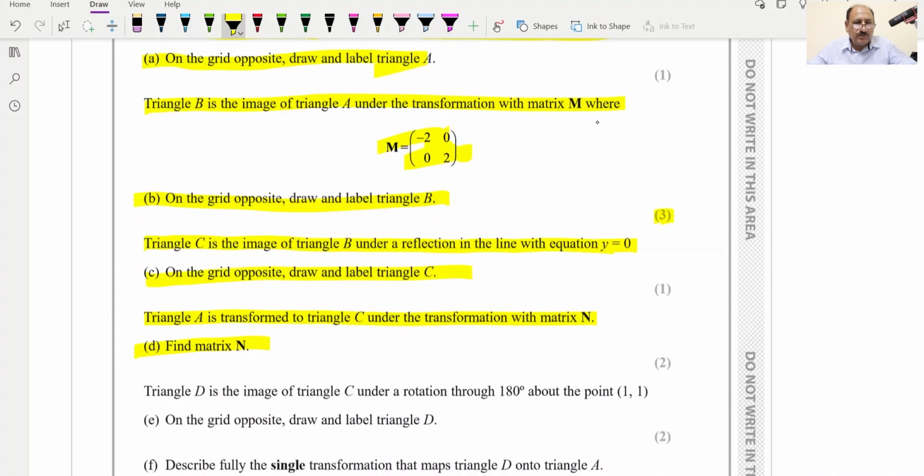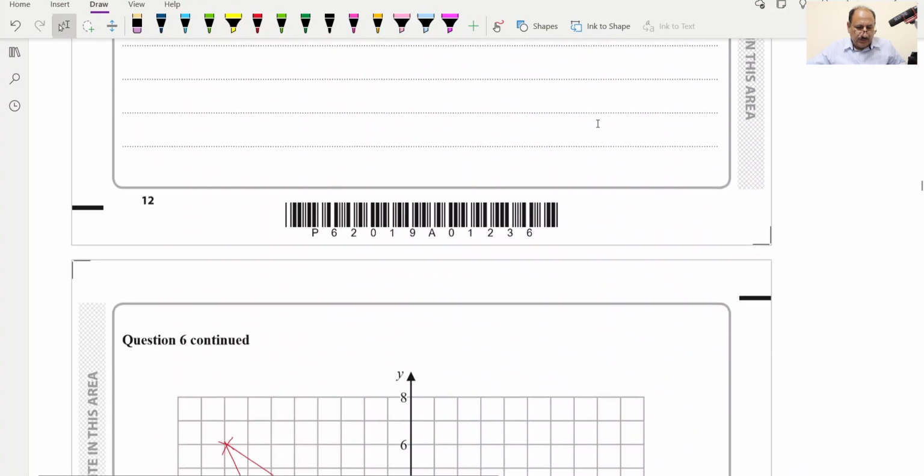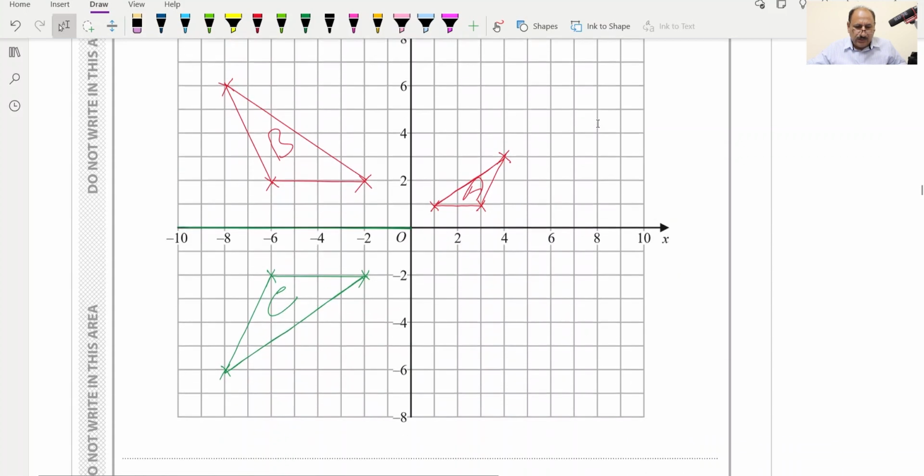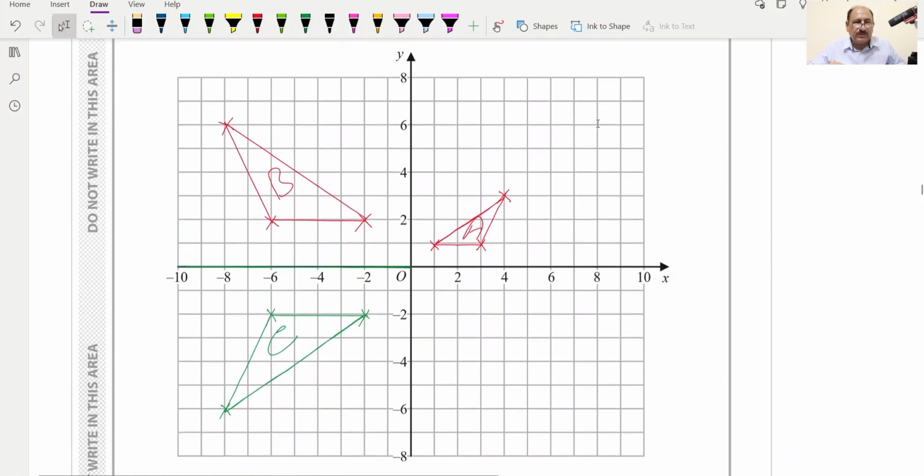This will be the transformation matrix we need to find. I will go through the question again. Triangle A is transformed to triangle C under the transformation. A onto C is what?